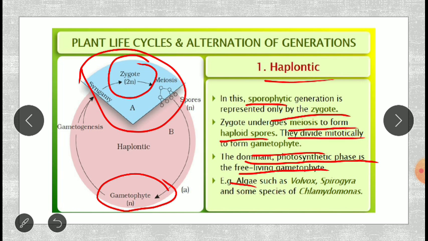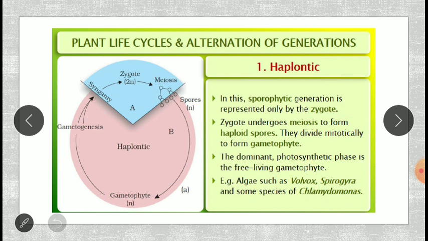And again by meiosis they are going to be producing the spores which are again N. So in the haploid generation or in the haplontic life cycle, the gametophyte is the dominant phase, whereas the diploid phase is going to be recessive, or it is not going to be present for more time. So this type we have seen in algae, that is Volvox, Spirogyra, and some species of Chlamydomonas.